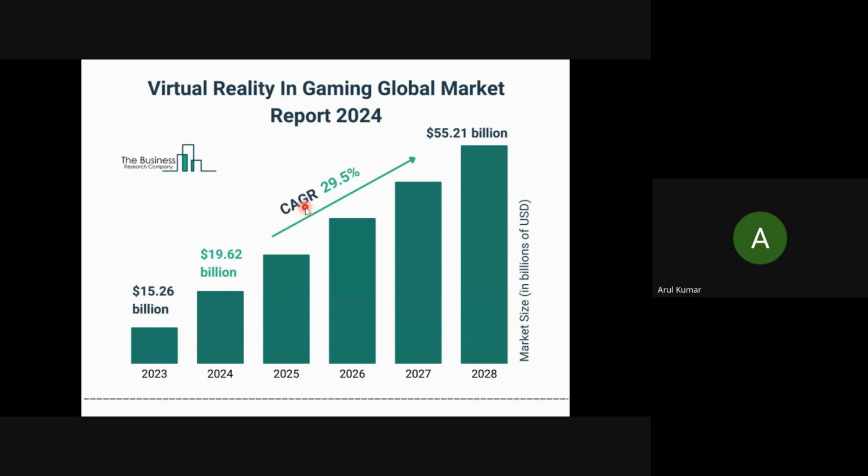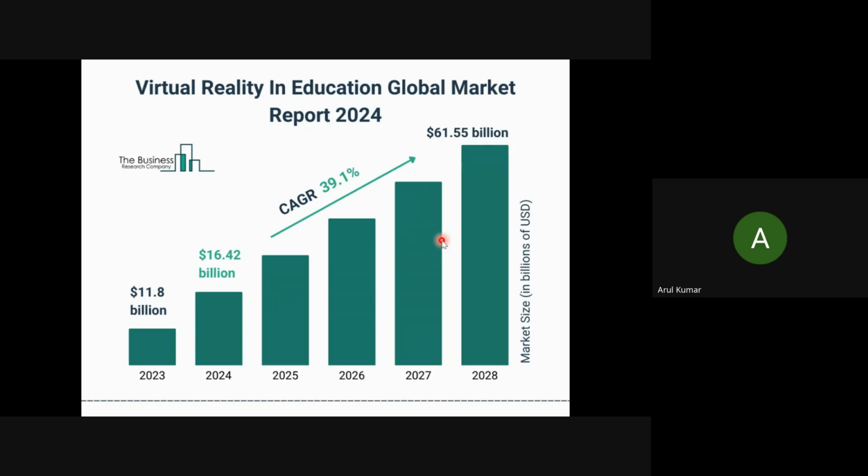The CAGR value is on a constantly increasing trend, which gives an understanding of why it is playing a major role and gaining a lot of traction in different applications these days. And this is just to give you the relevance, especially in the education field.